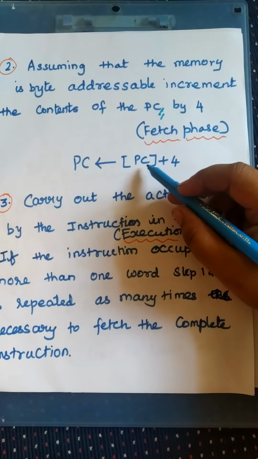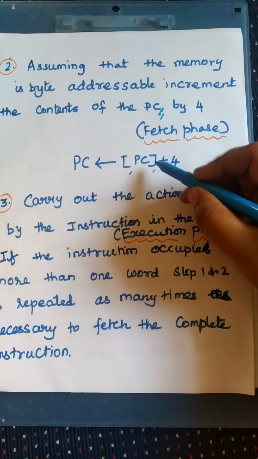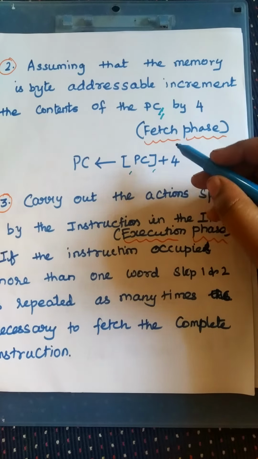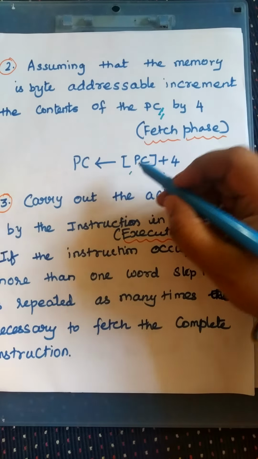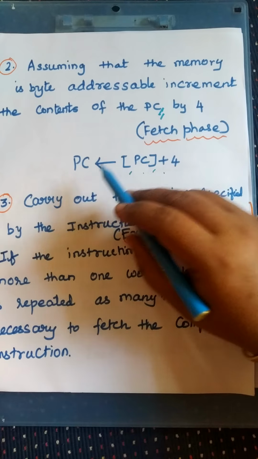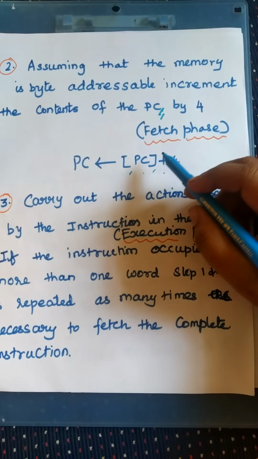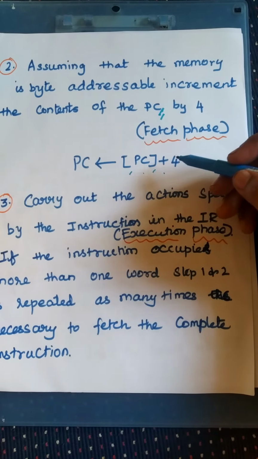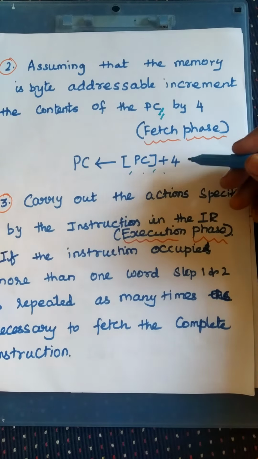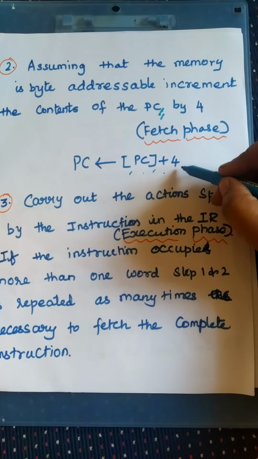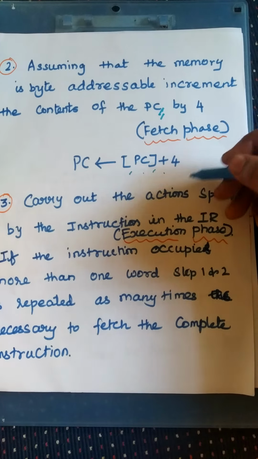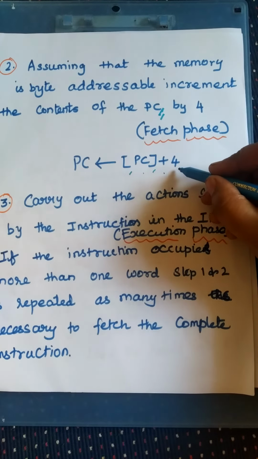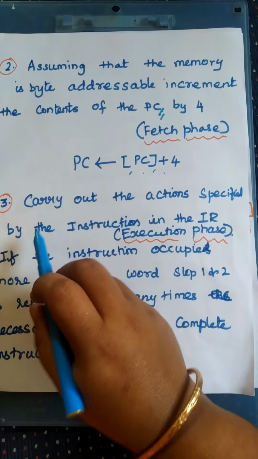Here we have only one square bracket: the content of the program counter is incremented by 4 and the same is loaded into the program counter. That is, the program counter contains the address of the memory location to be fetched next. So before executing the fetched instruction, we are updating the program counter.